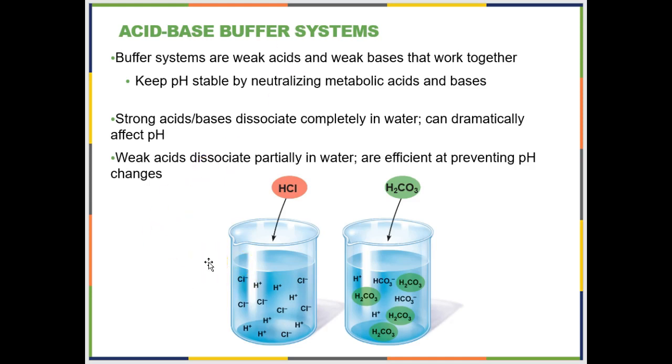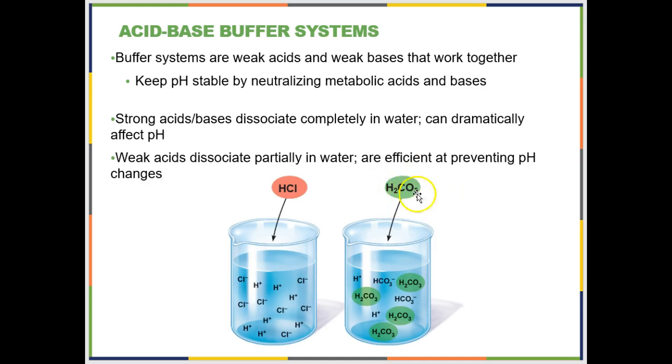So before we go into those details, I just want you to understand the difference between strong and weak. So here we have two acids. Hydrochloric acid is a strong acid. When you put a whole bunch of molecules of hydrogen chloride into solution, they all dissociate into hydrogen and chloride ions.